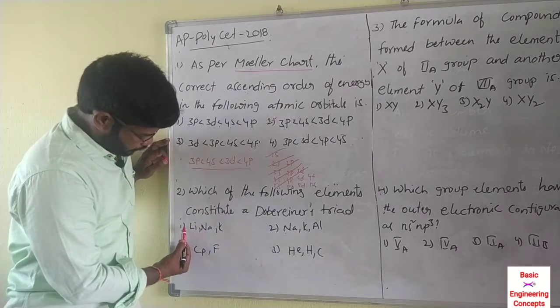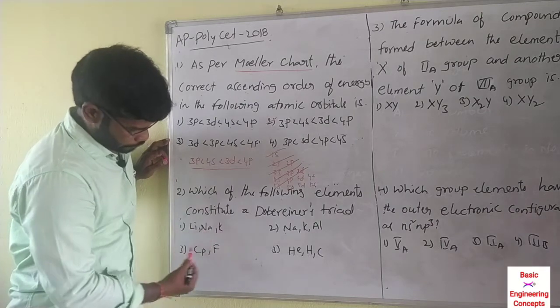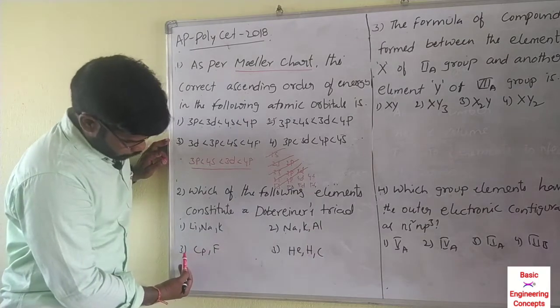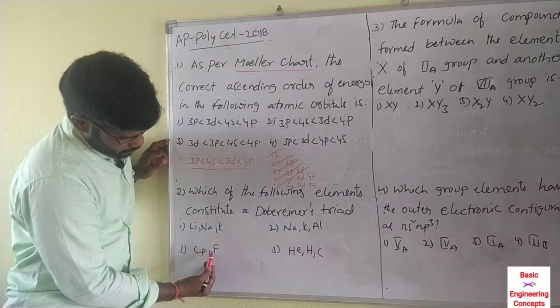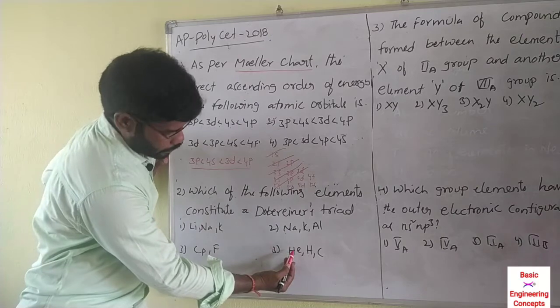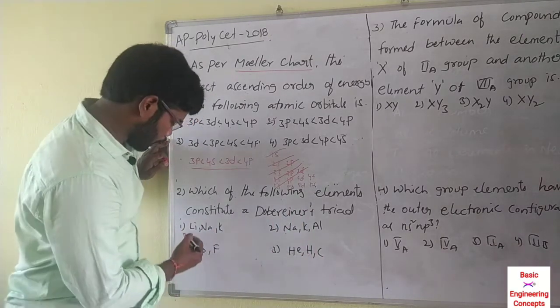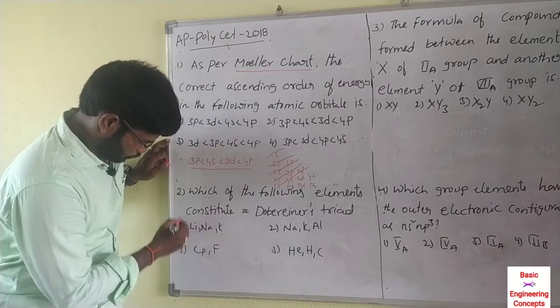First option is lithium, sodium, potassium. Second option is sodium, potassium, aluminum. Third option is carbon, oxygen, fluorine. Fourth option is helium, hydrogen, carbon. Out of the four options, the first option is correct.